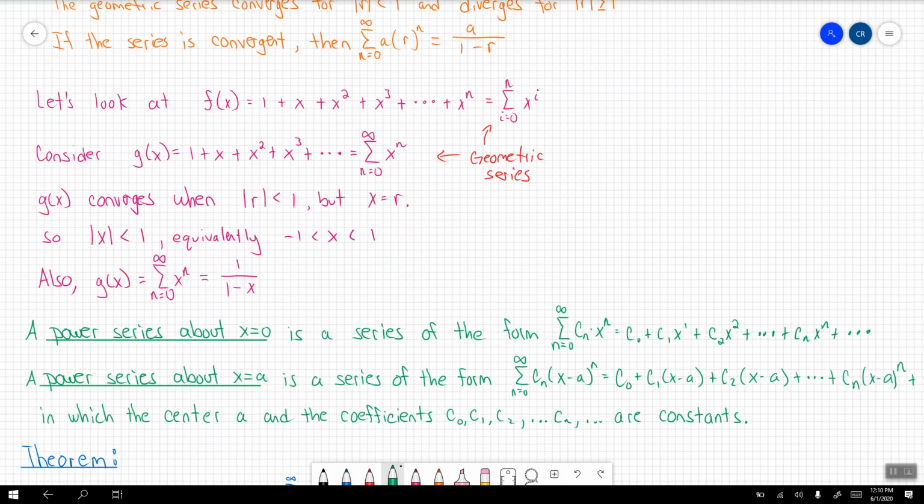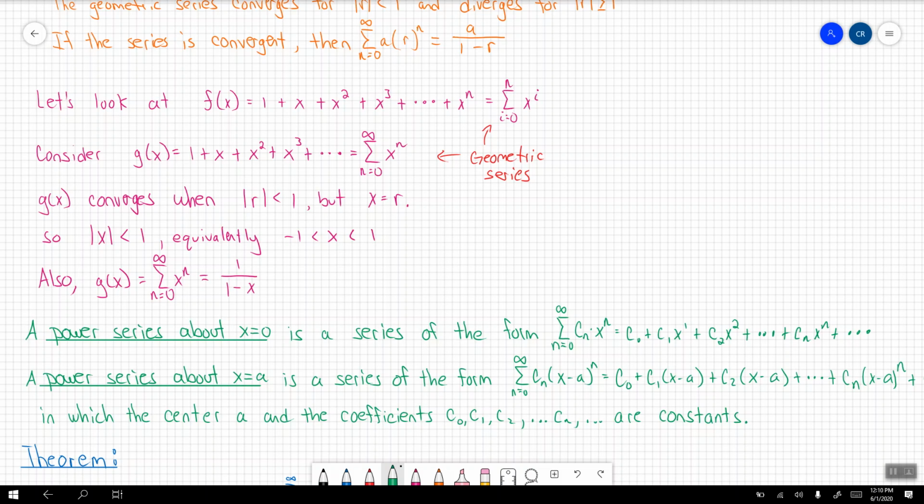The first definition says that a power series about x is equal to 0 is a series of the form, and that's going to be that power series form that we were initially looking at the very beginning. Now, a power series about x is equal to a is a power series of this form. That form should kind of remind you of some sort of binomial formula that you've seen back in an algebra course, maybe a trig course.